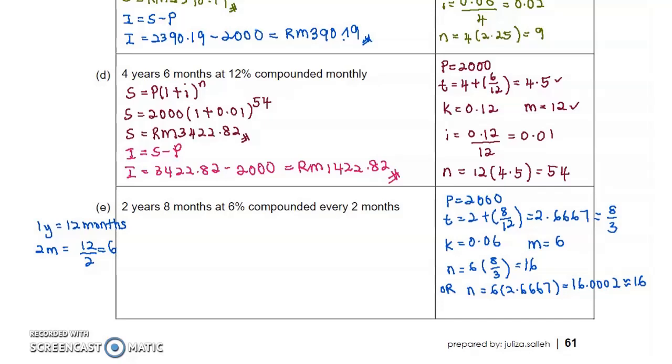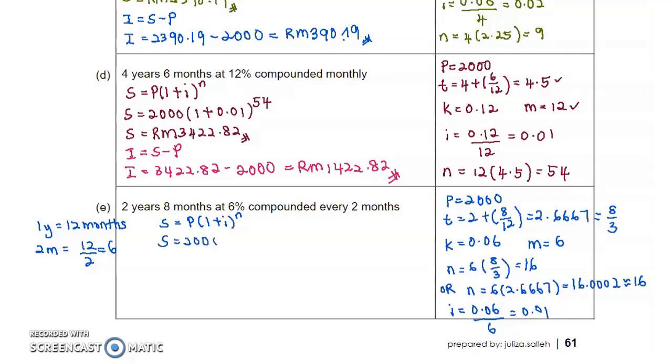Okay, so I equal to K over M, the interest rate for each interest period. It means every 2 months, how many percent? So here is 0.01. Okay, calculate value S. S equal to P(1 + i) to the power of n.